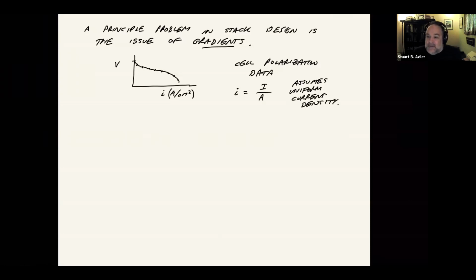And usually that's a good assumption, because when you measure cell polarization data of one cell, workers will go to great lengths to ensure that the current density is uniform when they do the measurement, because that's what they're trying to get at.